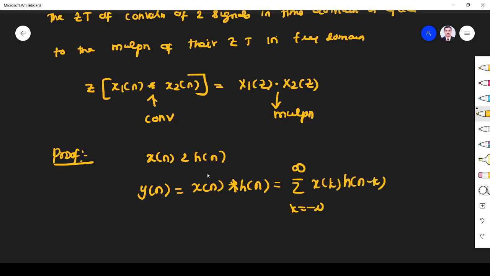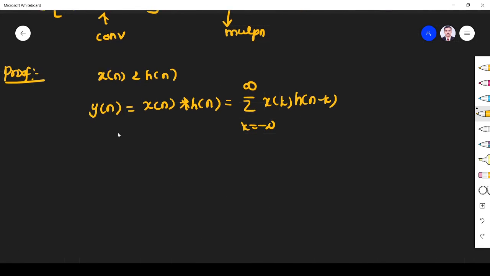That we have studied. Done. So we take the Z transform of this one. I want to find the Z transform of the convolution between these two signals. That should be equal to multiplication. So I take Z transform.